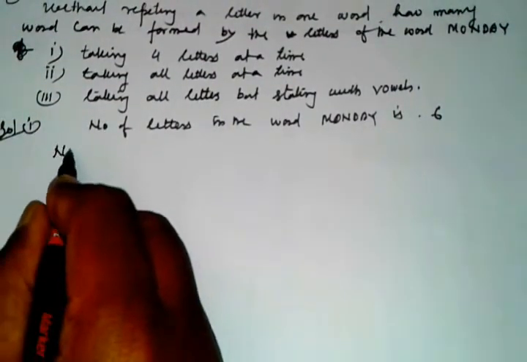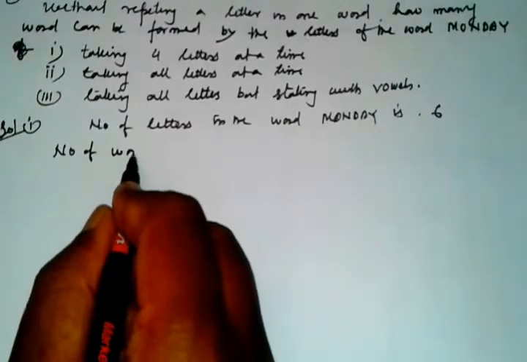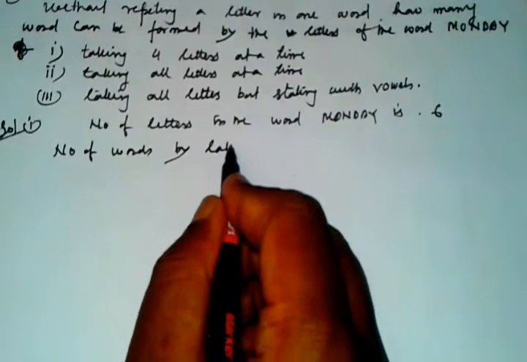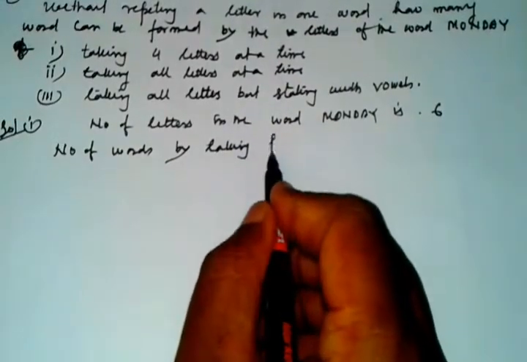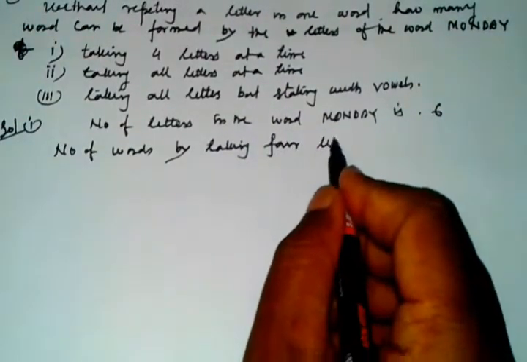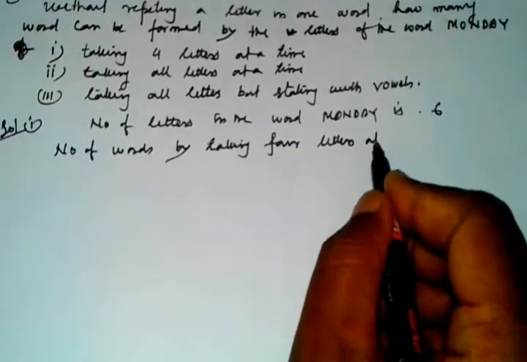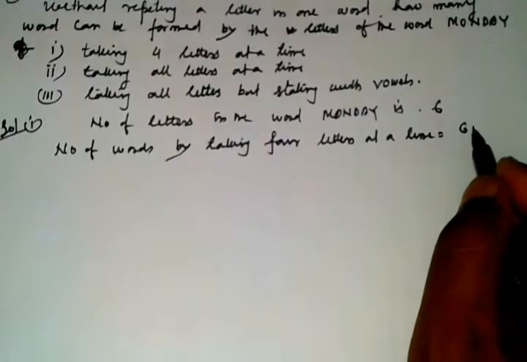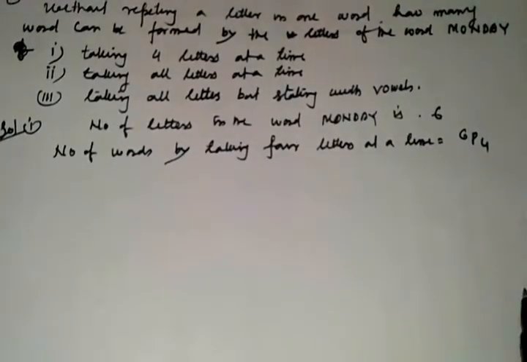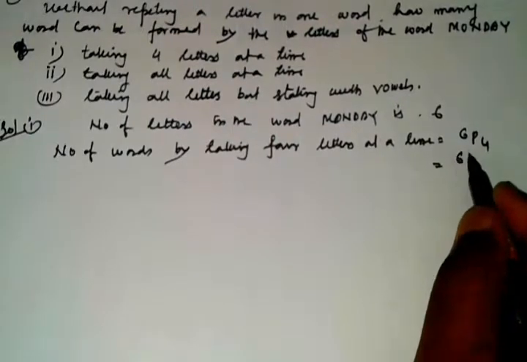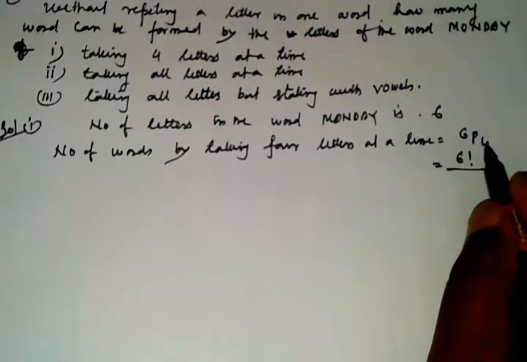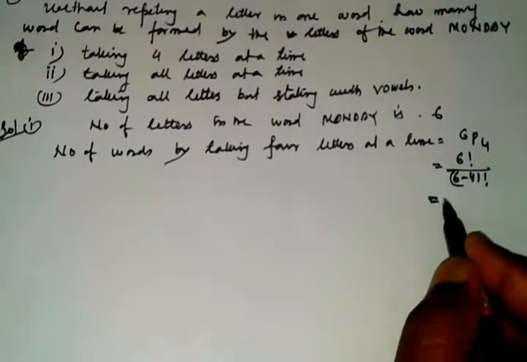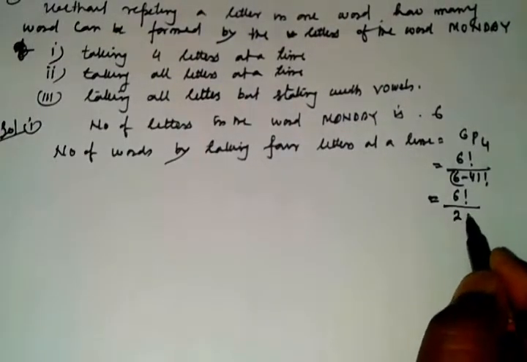Number of words by taking 4 letters at a time is equal to 6P4, this is factorial 6 by factorial 2.